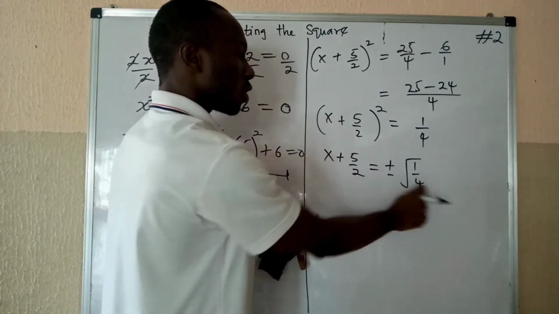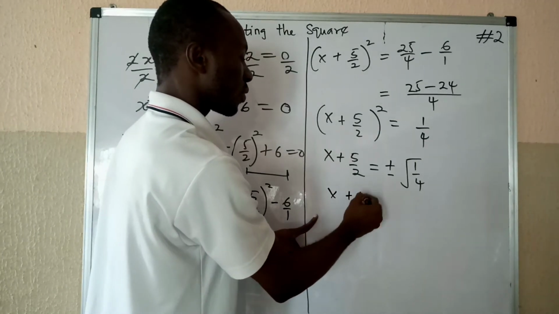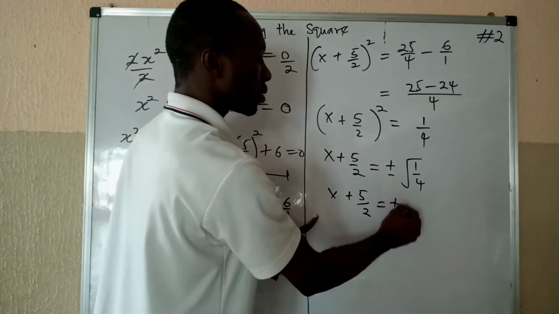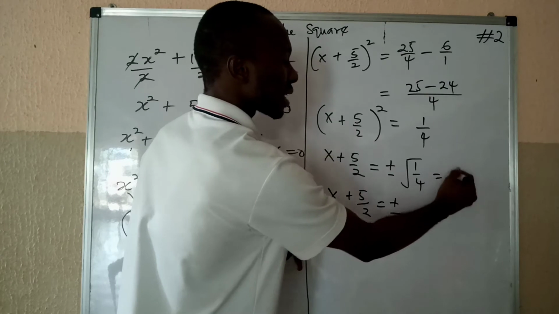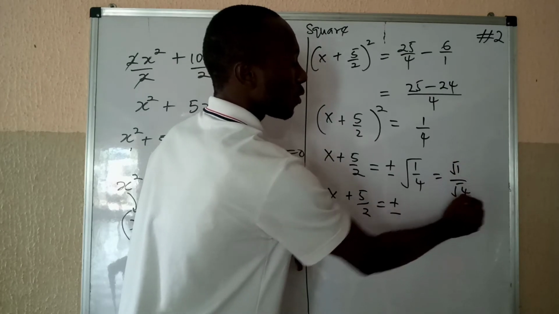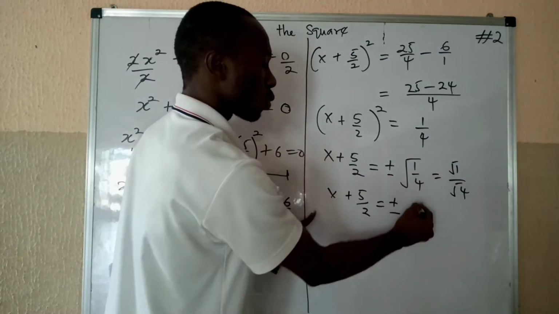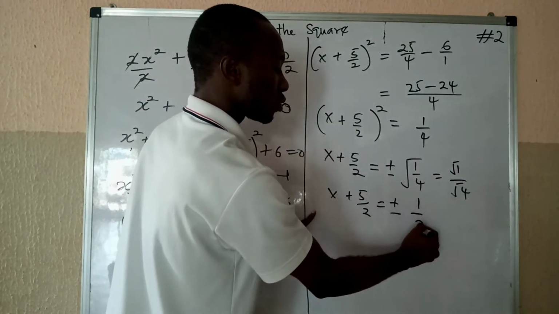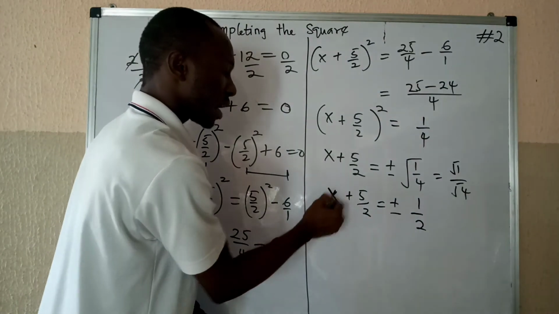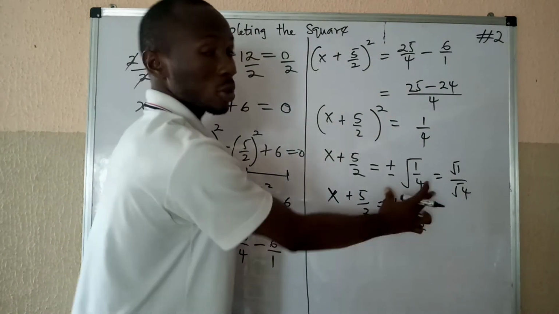So x plus 5 over 2 is equal to plus or minus square root of 1 upon square root of 4, from the law of surd. Square root of 1 is 1, square root of 4 is 2. So x plus 5 over 2 equals plus or minus 1 over 2.